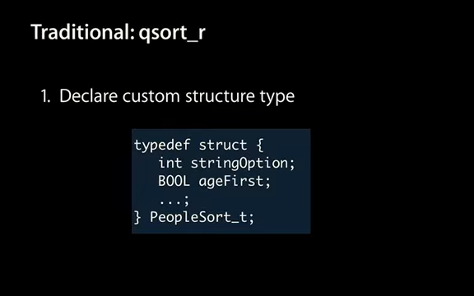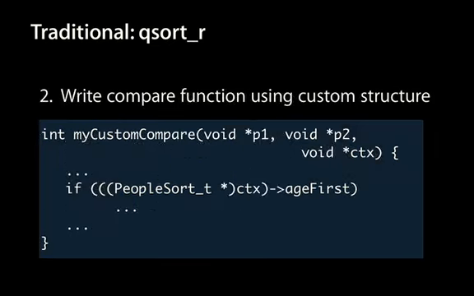The first thing you do is you declare a custom structure. You put your things in here. In this case, we're going to sort some kind of a person field or object, and maybe age first is one of the options, and maybe first or last or capitalized or not is another, but in any case, let's focus on age first. So you set up this custom data structure somewhere. You write a custom compare function somewhere that takes this void star context coming back in.